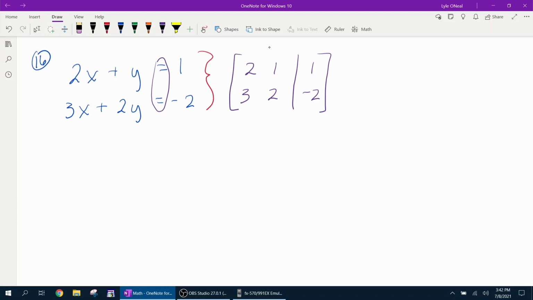Once you have written the system as a matrix, then we can focus on using our row operations to get to row echelon form.